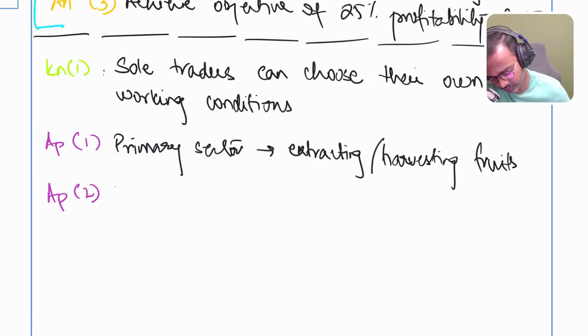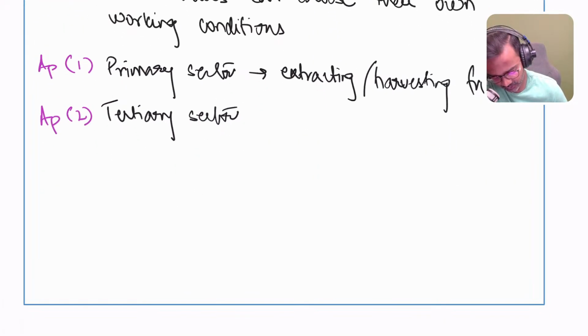Plus, there's also a part of the business which is in the tertiary sector, right? Which is where it has to be sold at the market.